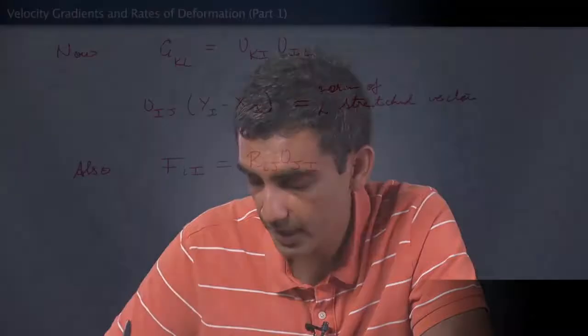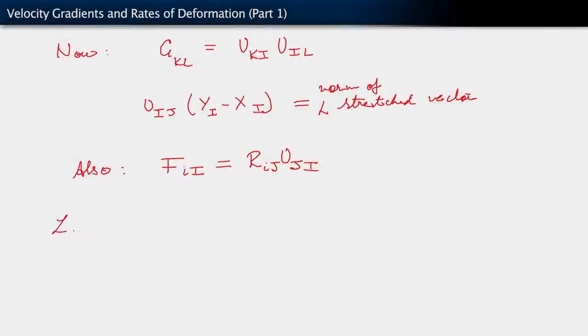So these were the results for the right polar decomposition. Let's now see very quickly how this works out for the left polar decomposition. I'm just going to write out these results briefly without going into the detail that we went into for the right polar decomposition. Recall that the left polar decomposition is F equals VR.